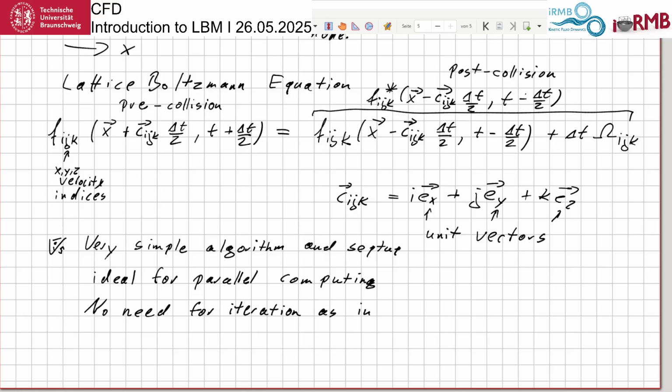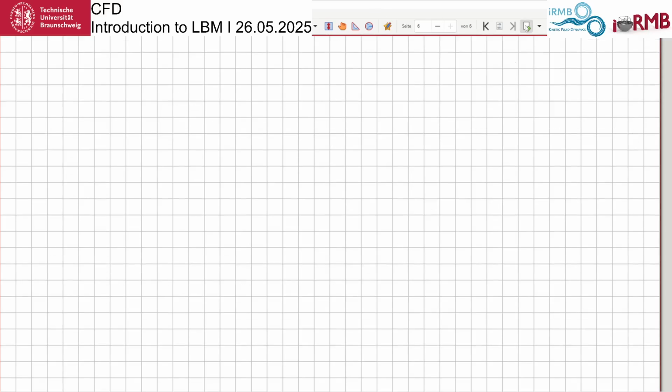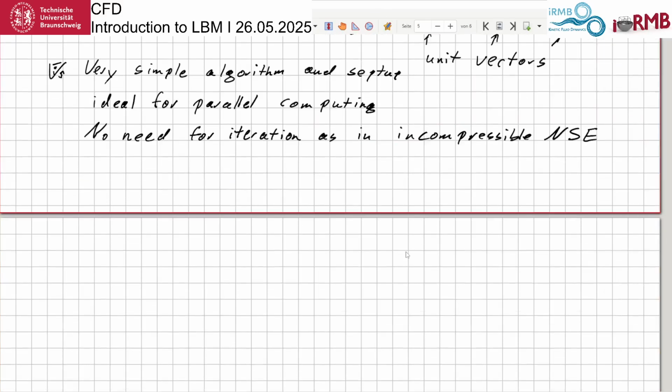As in, for example, the incompressible Navier-Stokes equation, which I now count like this. So I just write down two downsides. Maybe that is very stupid for me to end on a downside, yeah, but okay, so it has to be said.